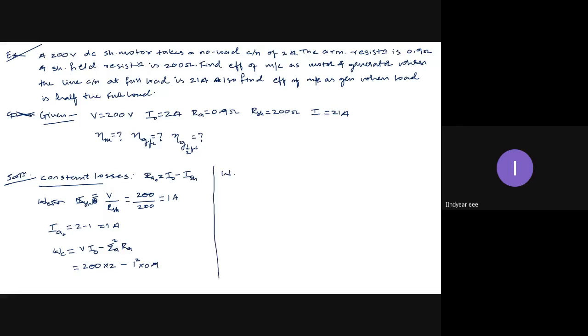So constant losses WC is equal to 400 minus 0.9, which is 399.1 watts.